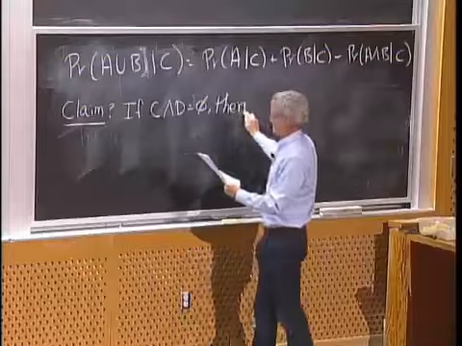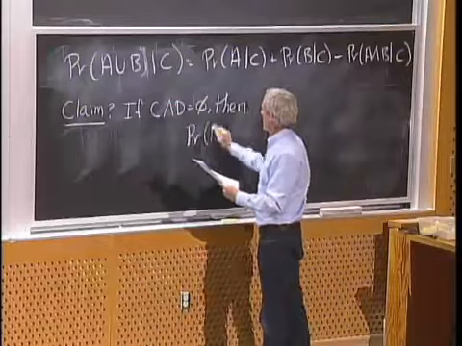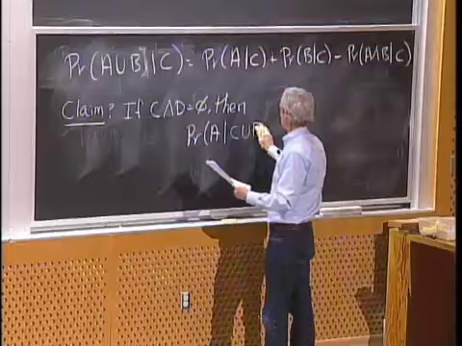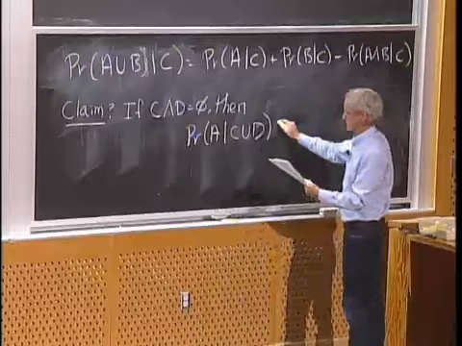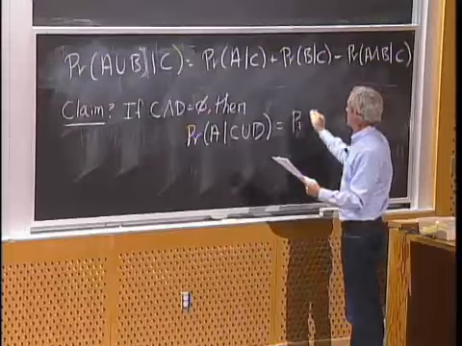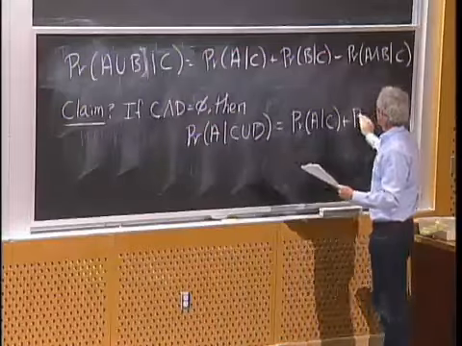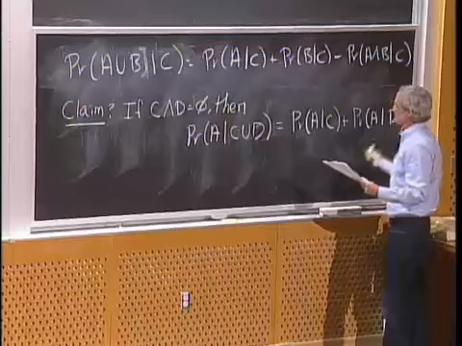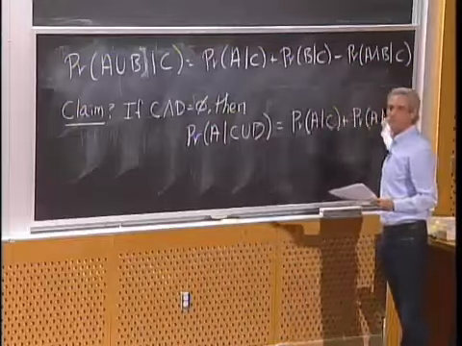Then the probability of A conditioned on C union D, so given that either C or D is true, does that equal the probability of A given C plus the probability of A given D? We know that if I swapped all these, it's true.